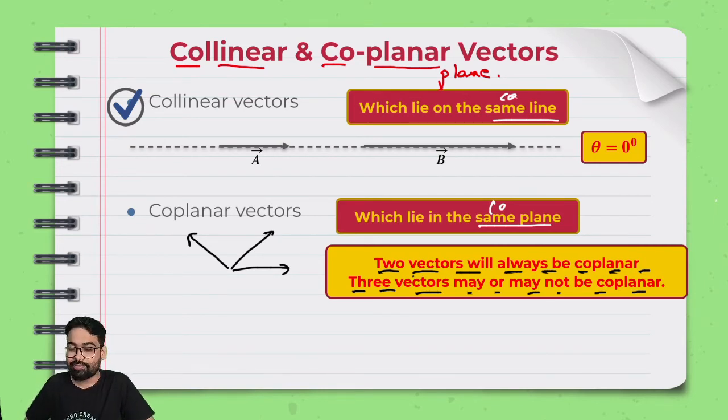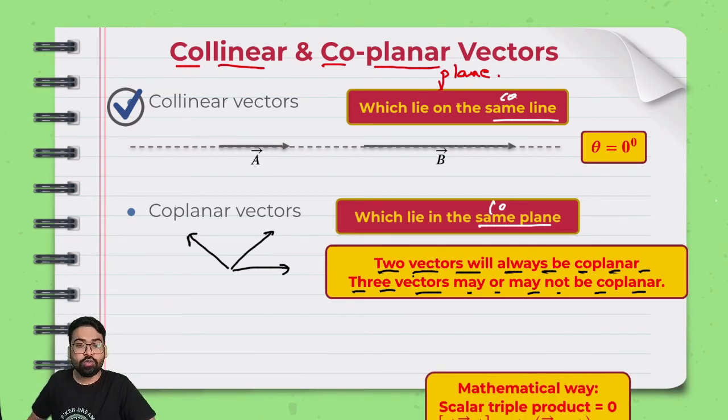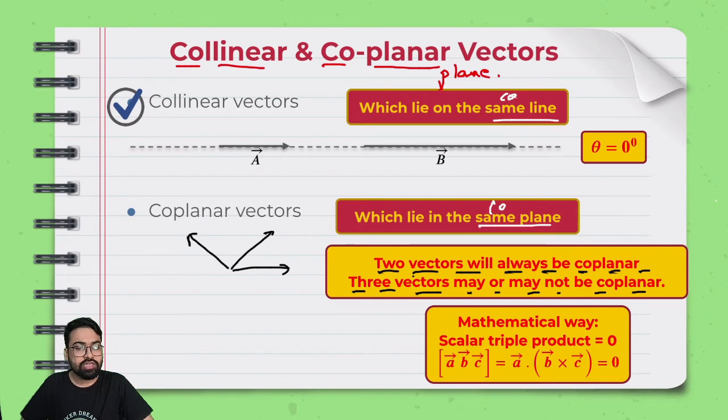You will get to see it much later. I'll just give you something to ponder about with respect to mathematics: if you want to prove whether three vectors are coplanar or not, the mathematical way to go about it is to say the scalar triple product is 0. It is written as [A B C] within brackets equal to 0, and later on we'll learn about scalar multiplication and vector multiplication.